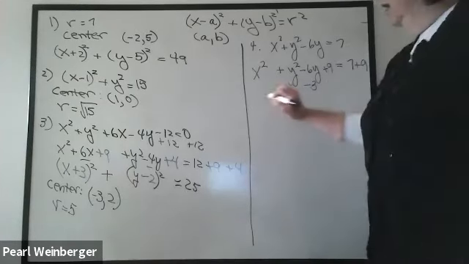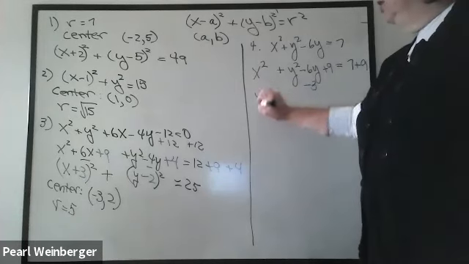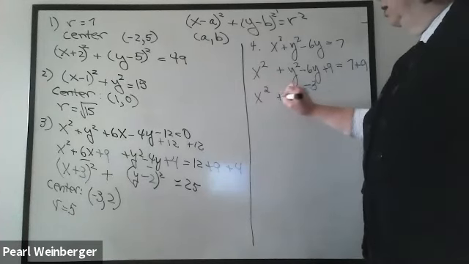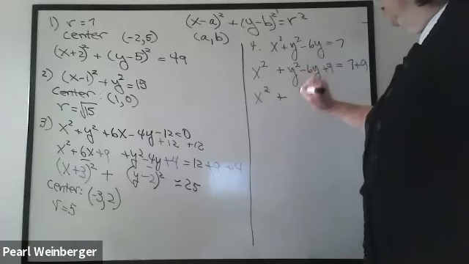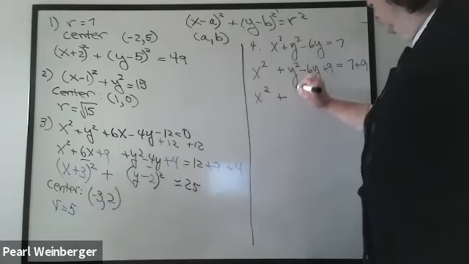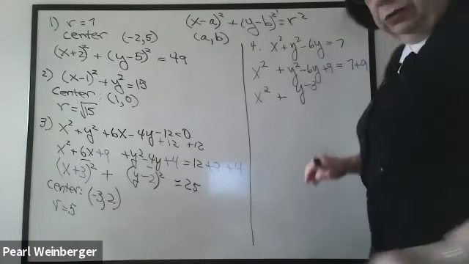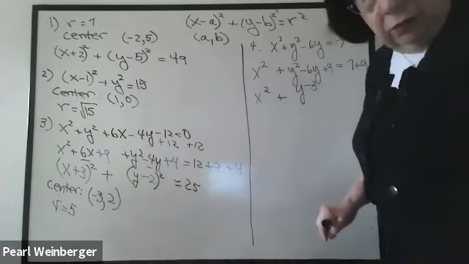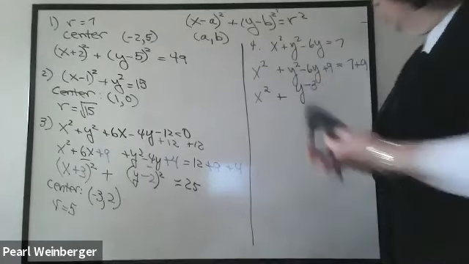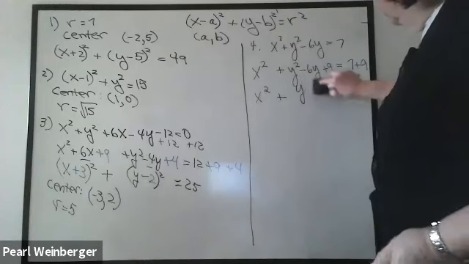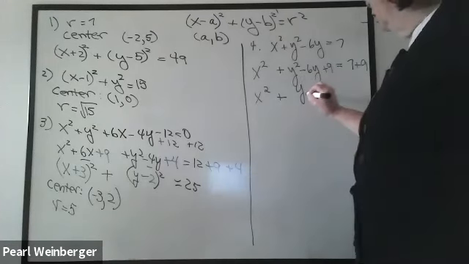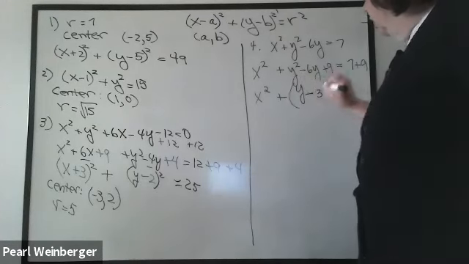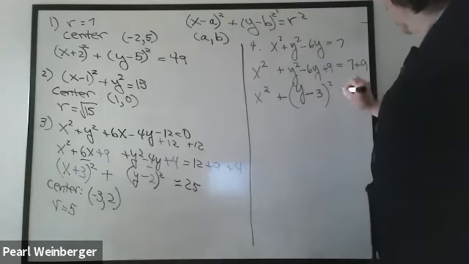And then in standard form, our equation becomes x squared plus y minus 3 squared, and that equals 16.